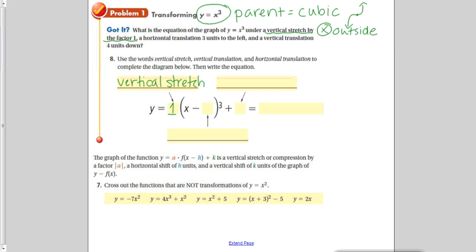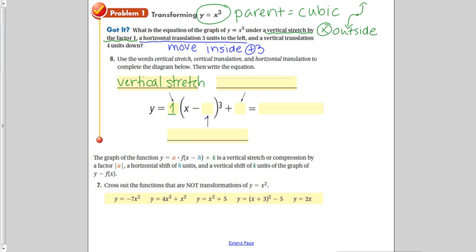The next thing they want us to do is a horizontal translation of 3 units to the left. We know that translation means move. The way we move is by addition and subtraction. If we're going left or right, we need to be inside, and we need to do the opposite of what it would say. So in order to move 3 to the left, we would need to put a plus 3 on the inside.